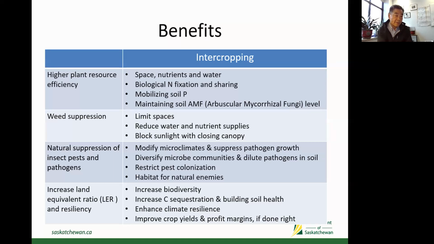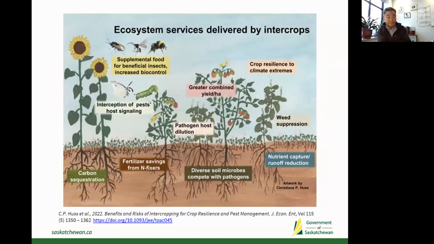So when you convert this into land equivalency ratio, normally the intercrop would have this LER greater than 1. That means you receive more yield, which would turn into money. And also, this intercrop would help build soil health, increase the soil biodiversity, and increase the resilience of the system.